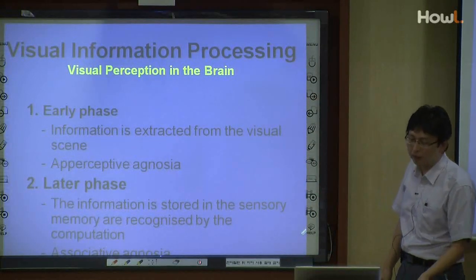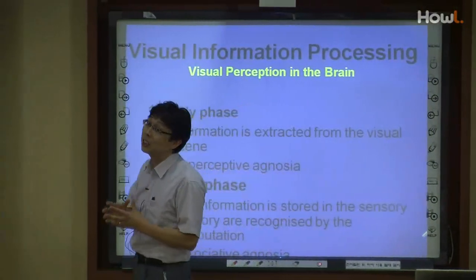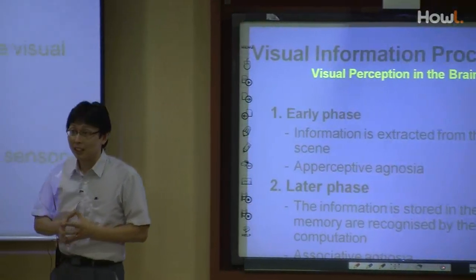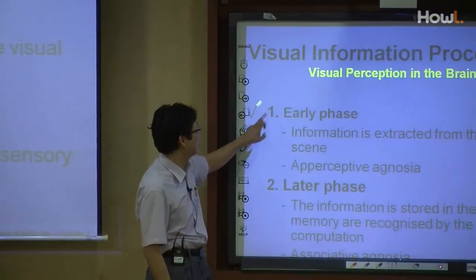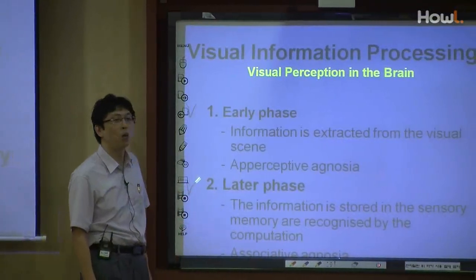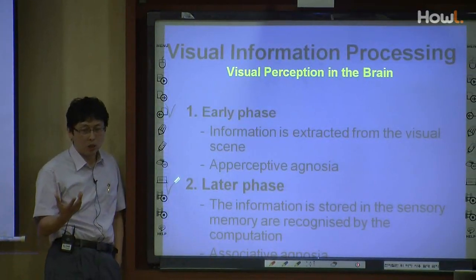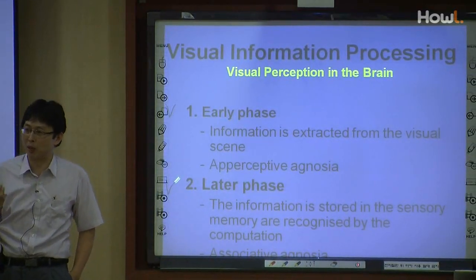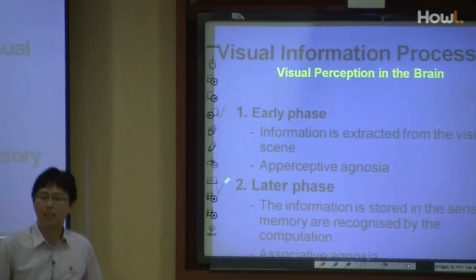Many psychologists understand, perhaps, and that is an assumption, a theory, that we may have two different stages in our visual perception. In the first phase, we extract the information. We extract the features.